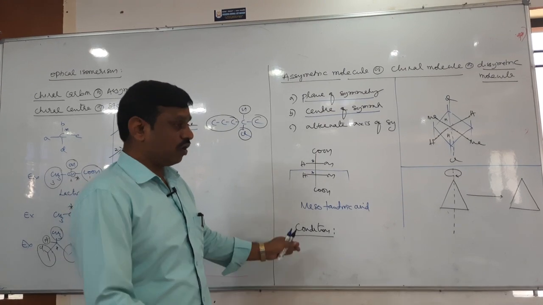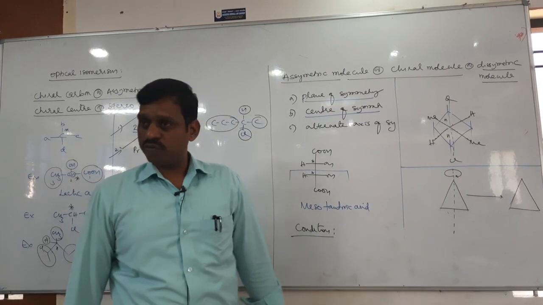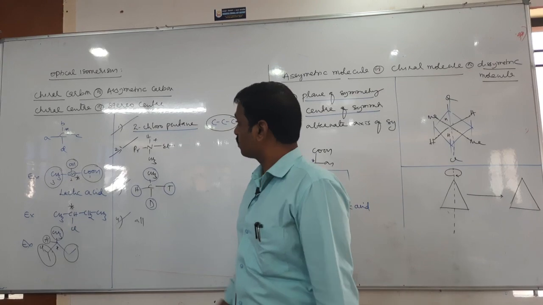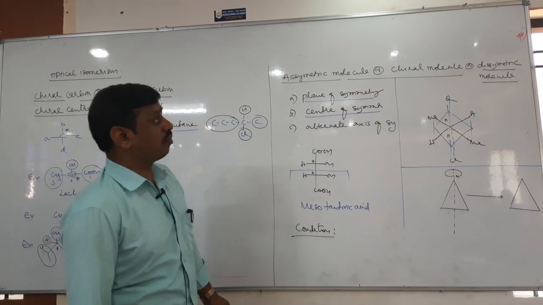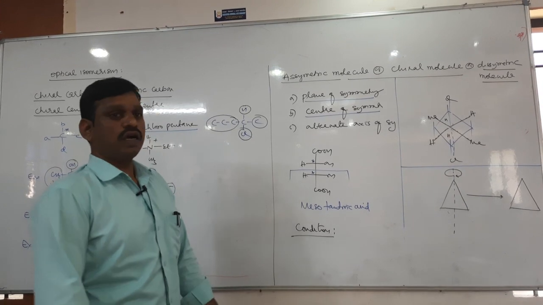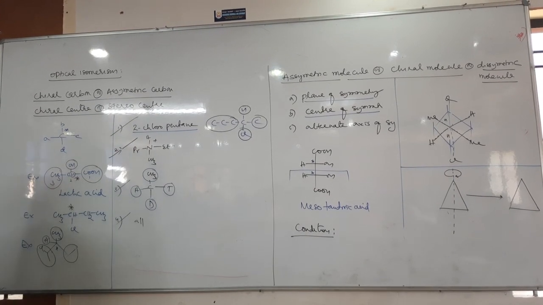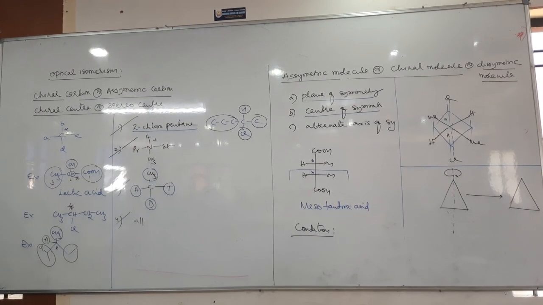Okay, next we have enantiomers and diastereomers. Right till here this is written, no? Next, asymmetric carbon, asymmetric molecule, chiral molecule.